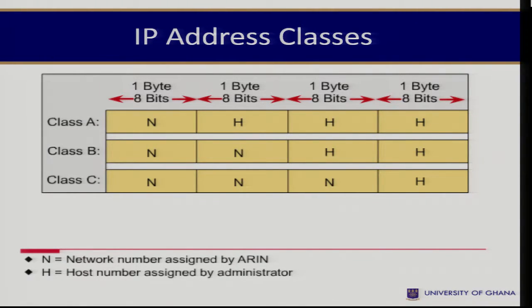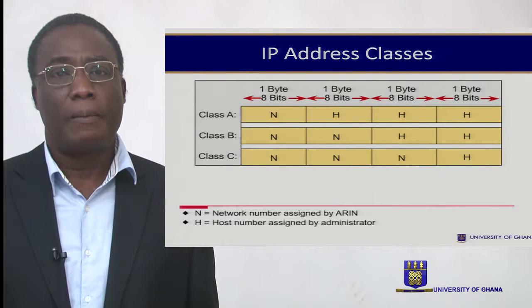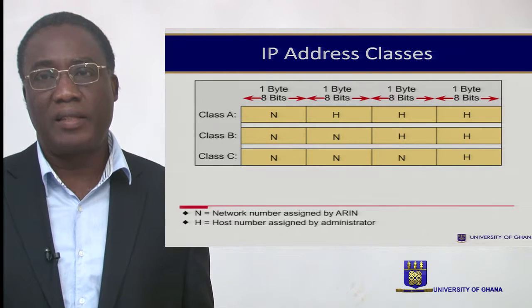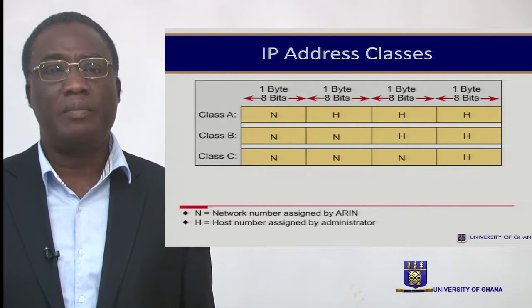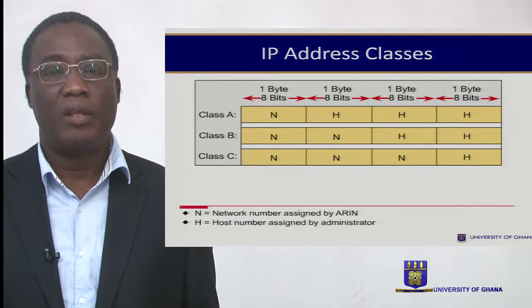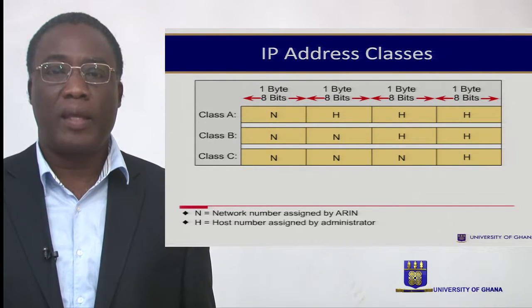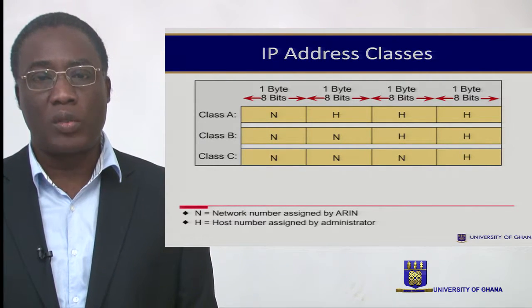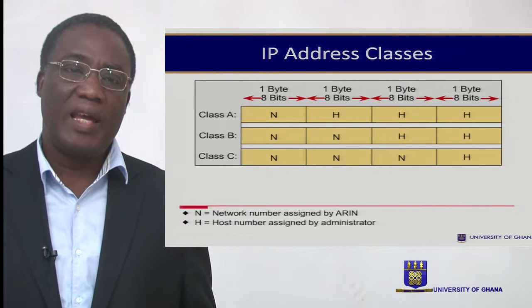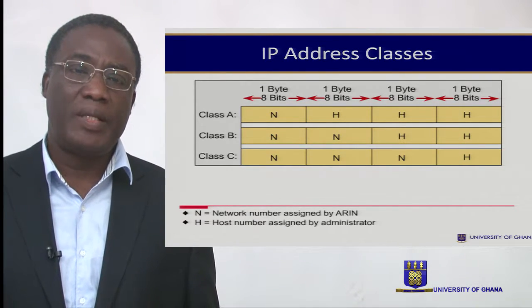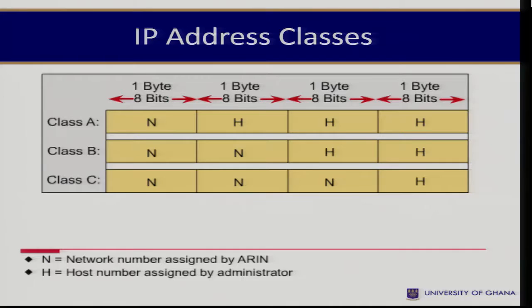IP address classes. We did mention that IP addresses, the network addresses, have classes depending upon the number of bits that you reserve for the network and the ones that you reserve for the host. In class A addresses, the first 8 bits are reserved for the network.